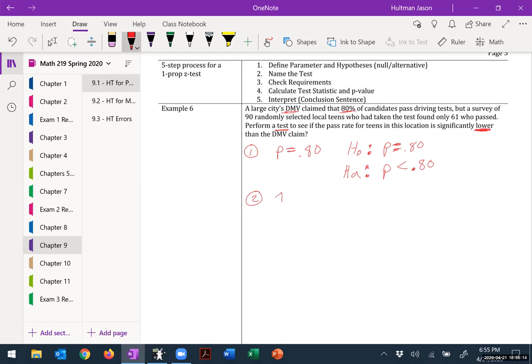So this is called a one-proportion z-test. Usually that's hyphenated. Or we call it a one-prop z-test. If you want to abbreviate it, that's fine.